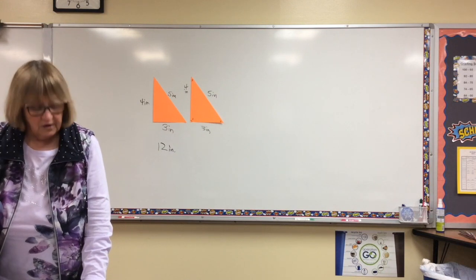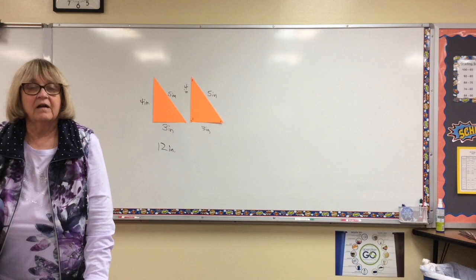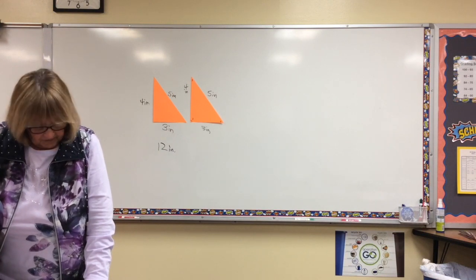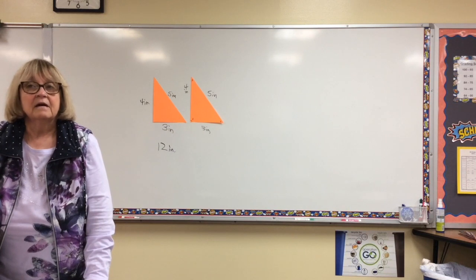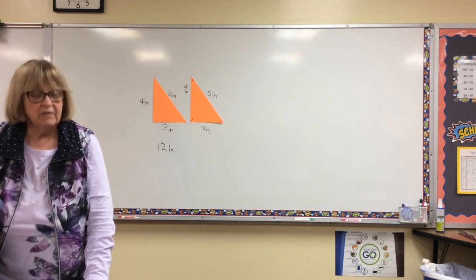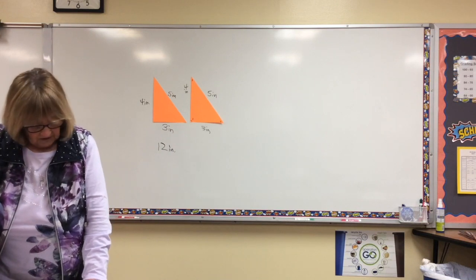So what have we learned? We've learned that corresponding angles of similar polygons are congruent, but sides are not necessarily congruent, but sides are proportional. Okay?